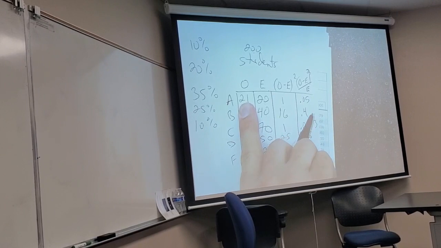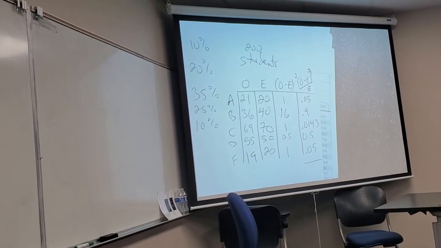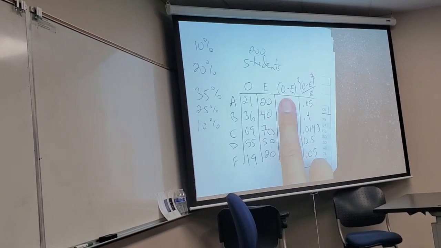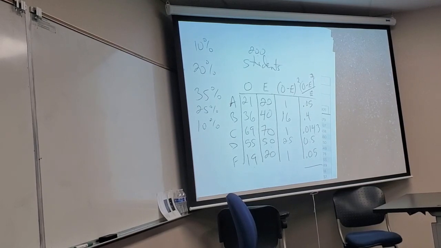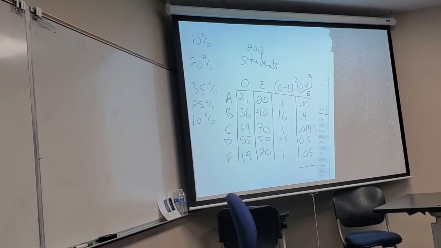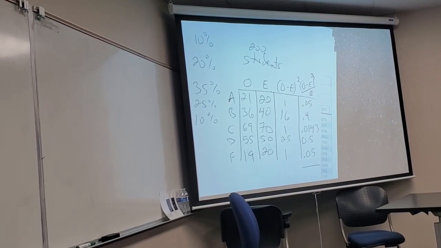Is everybody with me? This captures how far off. Why does it not matter if it's how far above or below? Because we squared this, right? So it's purely how far off were you? If I add this up, it gives me a general overall sense of how far the entire expectation was from all of the observations.